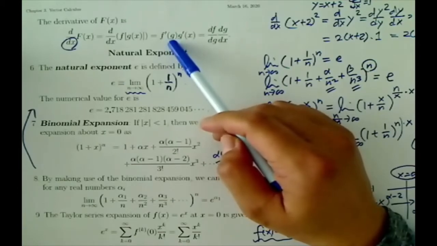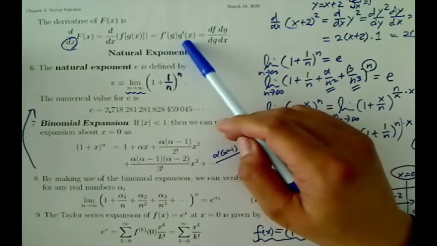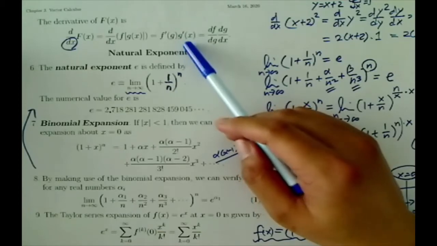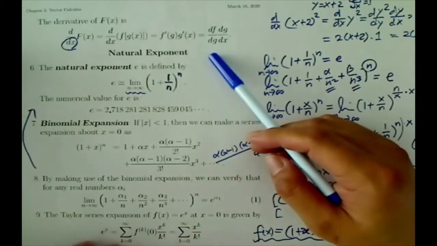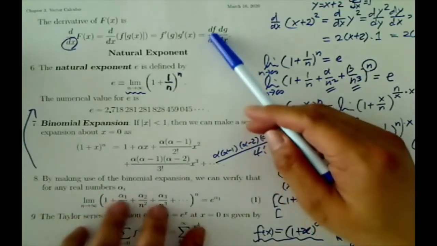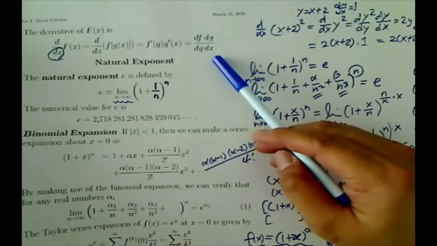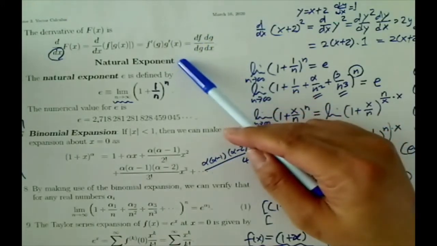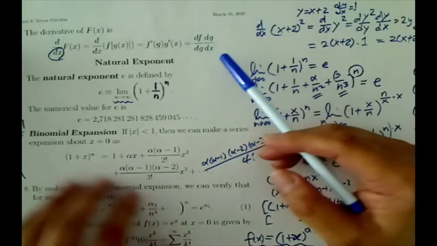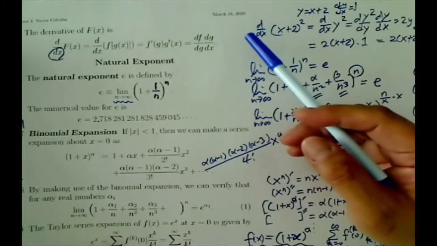You see, the argument is g instead of x. And then you take the derivative of g with respect to x. The chain rule can be expressed in Leibniz notation. This is df over dg times dg divided by dx. So the dg cancels infinitesimally to find that this total derivative can be obtained.